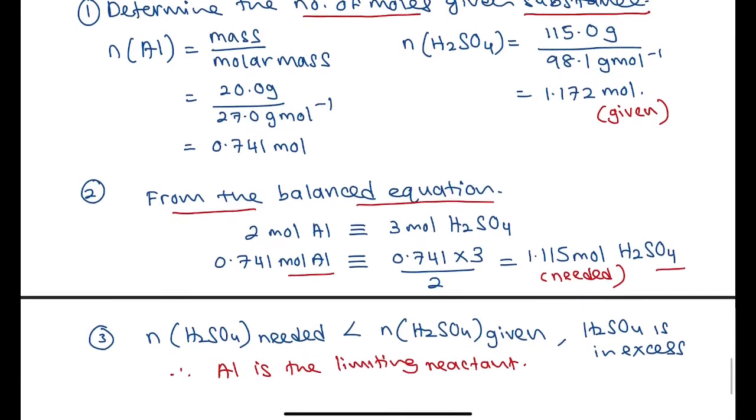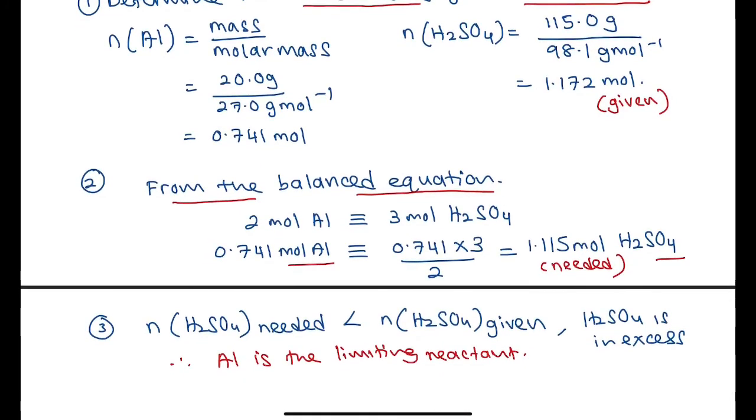Finally, conclude the comparison of number of mole needed and number of mole given. By doing this, you will be able to determine which reactant is in excess and which would be the limiting reactant.